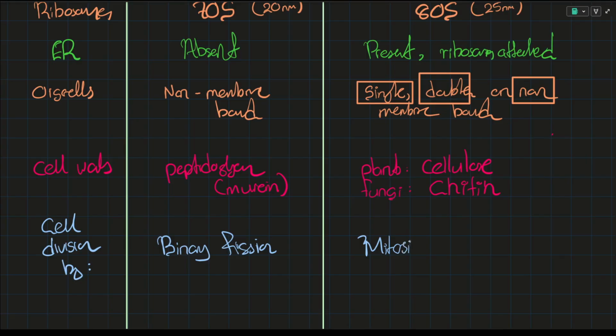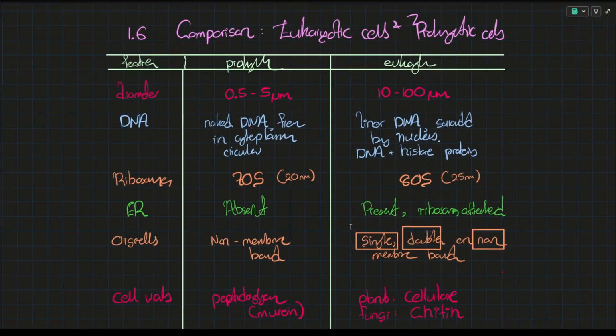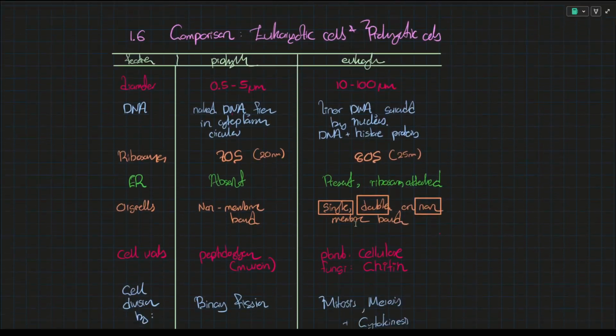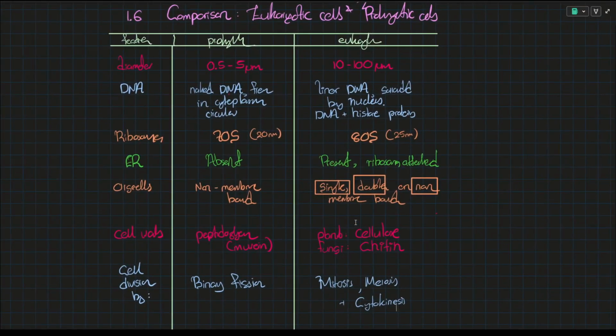So we need complex processes like mitosis, meiosis, and cytokinesis. The cytokinesis is just the splitting of the cytoplasm, and I realized that nobody's going to understand that term if I write it like that. Cytokinesis. Key final takeaway: these are the comparisons between the prokaryotic and eukaryotic nature of cells.